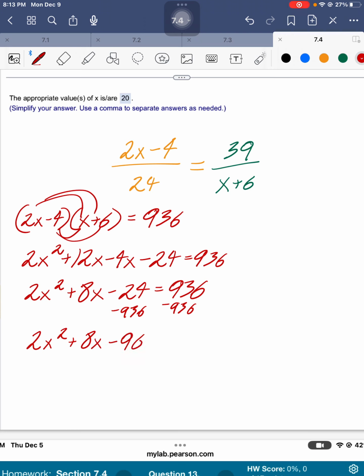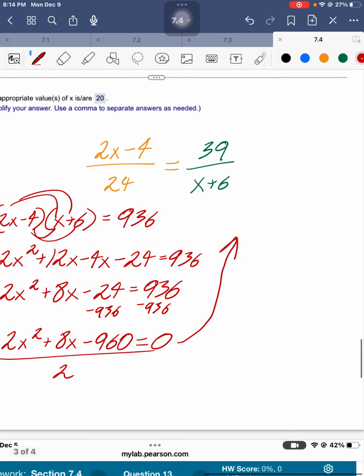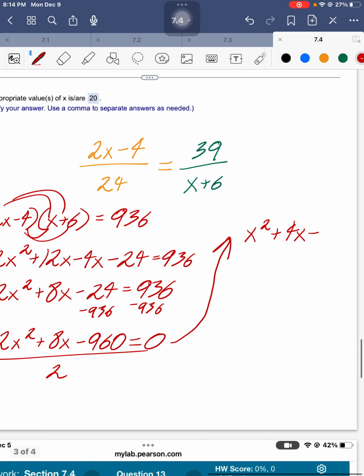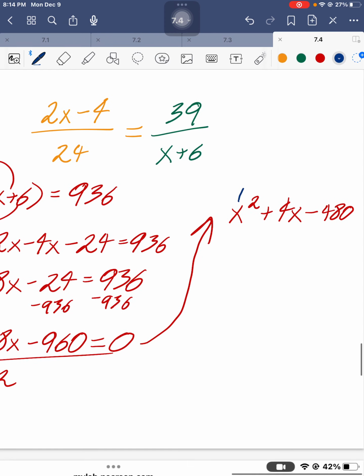So this is going to be 2x squared plus 8x minus 960 equals 0. I'm going to make my life easier. I'm going to divide everything by 2. I'm going to bring it up here. So now I'm going to have x squared plus 4x minus 480.